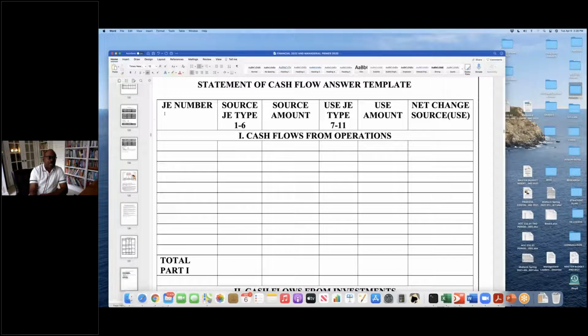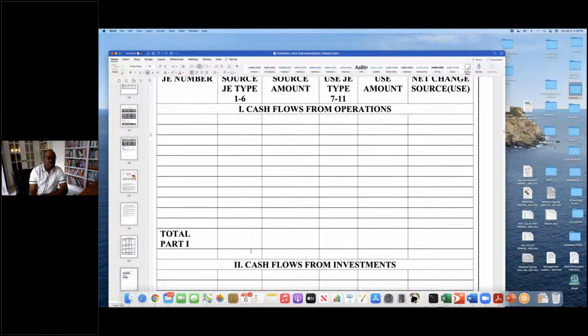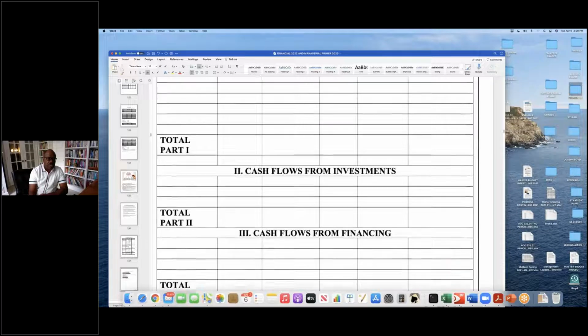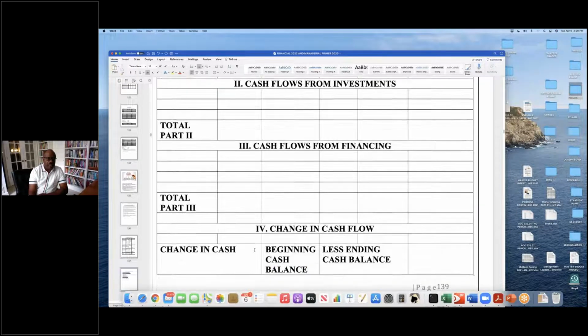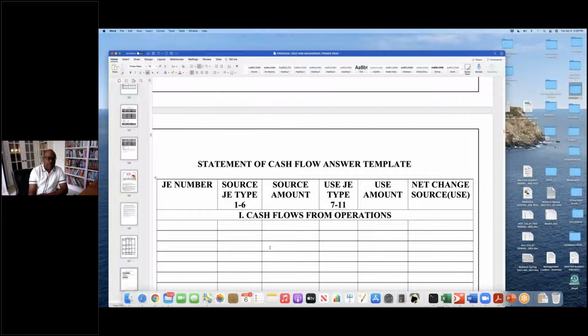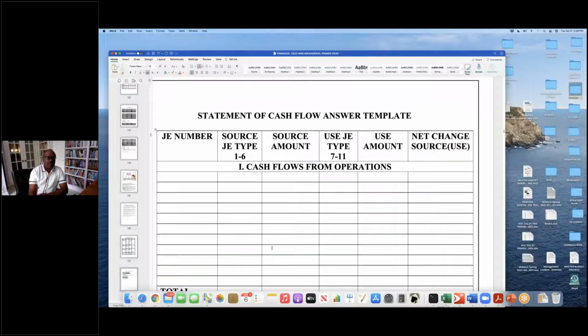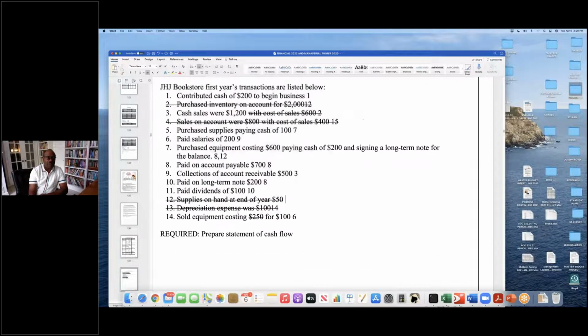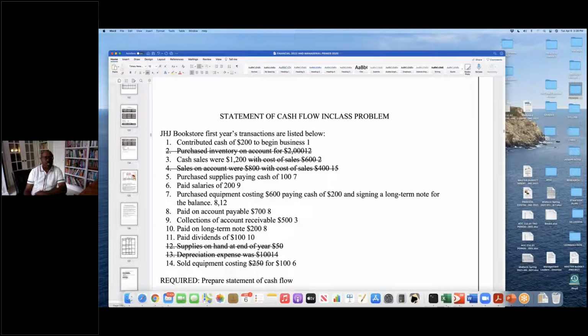Notice what I have across the top: the journal entry number we're dealing with, the type, source amount, the use amount, then the net change in part 1, the net change in part 2, then the net change in part 3. So let's see if we can work the problem out. How are your Excel skills these days?